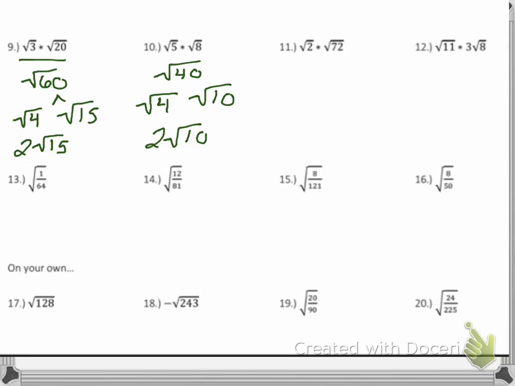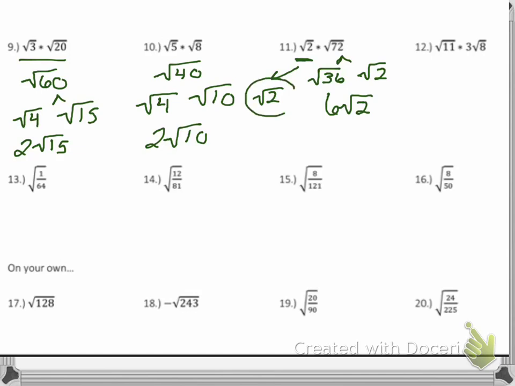Now, in number 11, maybe you don't want to multiply the two radicals. Since I know the square root of 2 I can't do anything with, I might leave that off to the side and remember I'll have to come back and revisit it. But for 72, the highest perfect square that goes into 72 would be 36. So 36 and 2. What's convenient about that is that I know the square root of 36 is 6, and then I'm left with root 2.